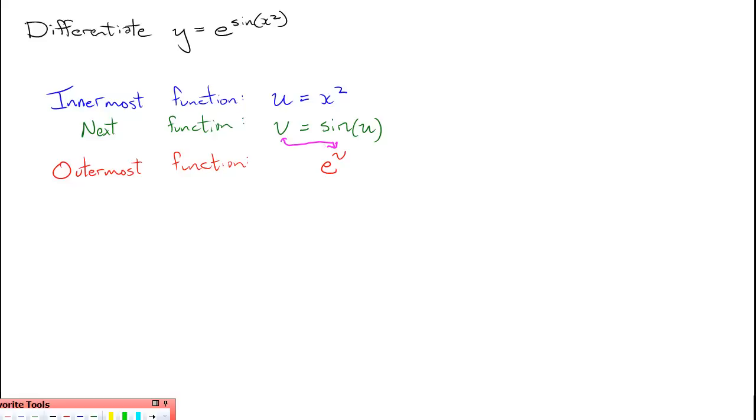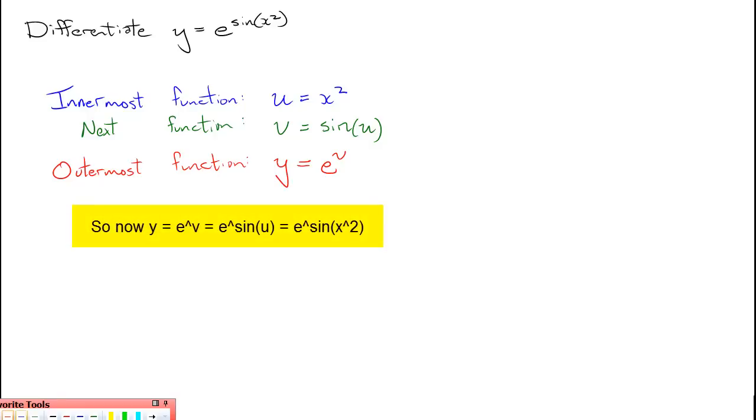Okay? And we're going to pick a letter for this as well. But because there are no more functions, we've reached the end, we're going to use the letter y to denote e to the v.